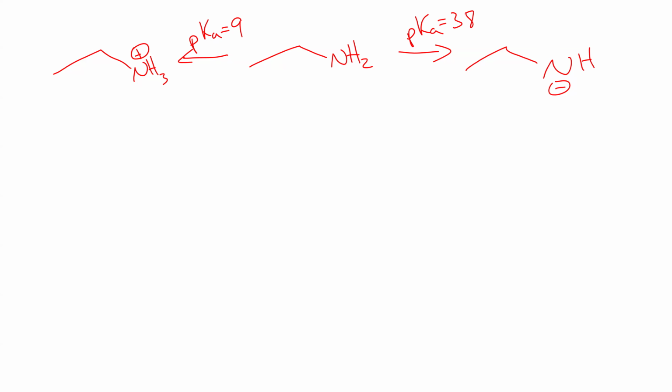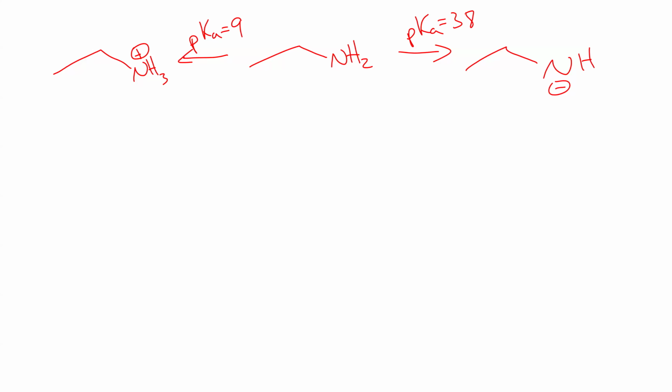Right, so carboxylic acids aren't that tricky when it comes to this question. The tricky ones are the amines. The other really common functional group to be protonated and deprotonated are amines. And what makes them tricky is that they can either be an acid or a base.